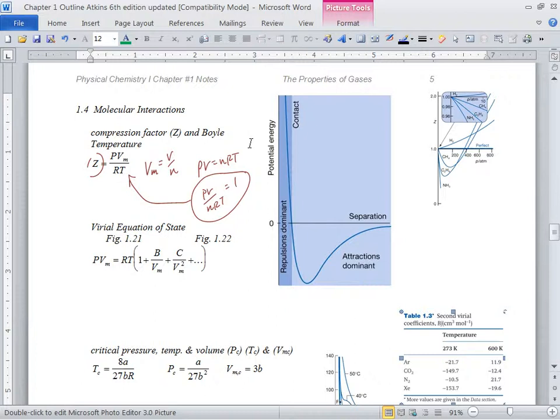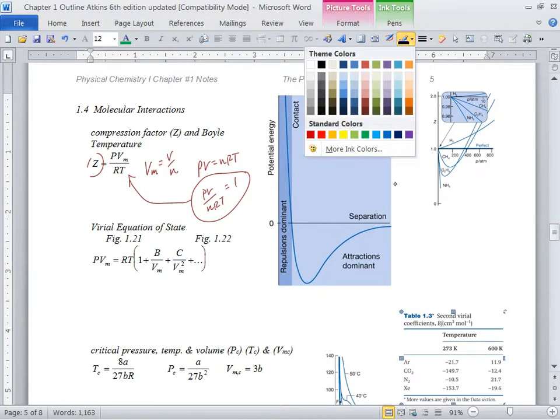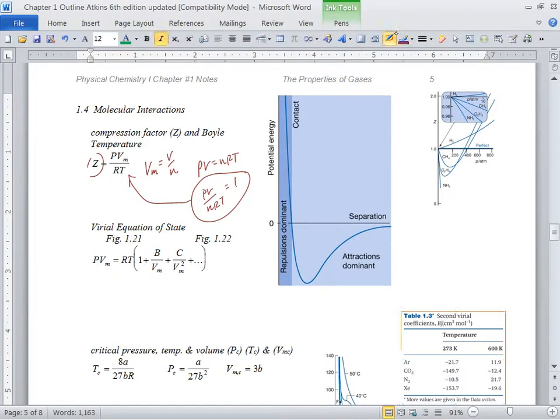I'd say where the line, towards the word separation, starts to. Yeah. Why? He's right. Why? In this area. Because if it's acting ideally, there can't be any attractions or repulsions.